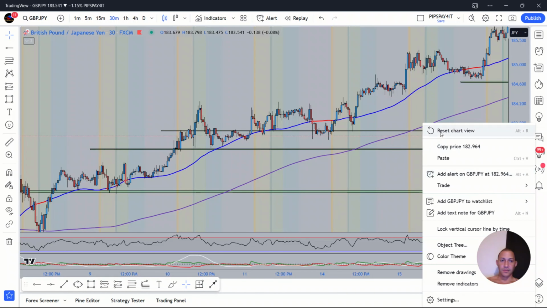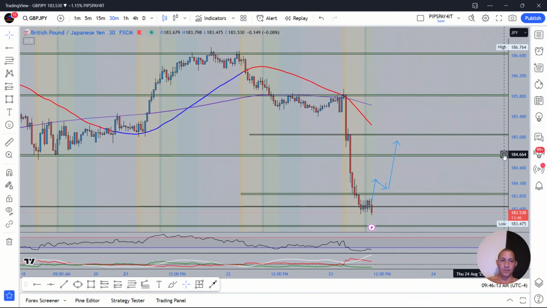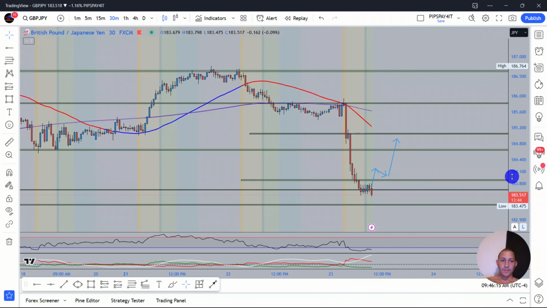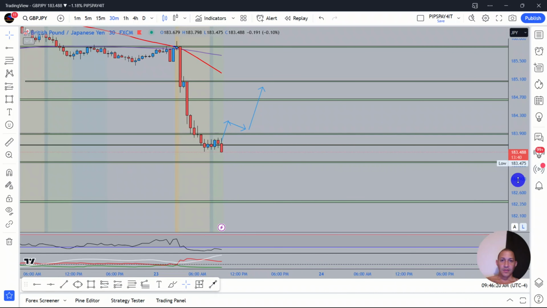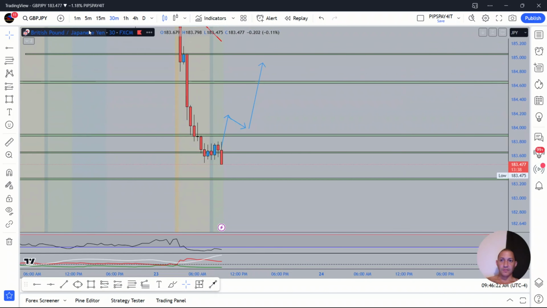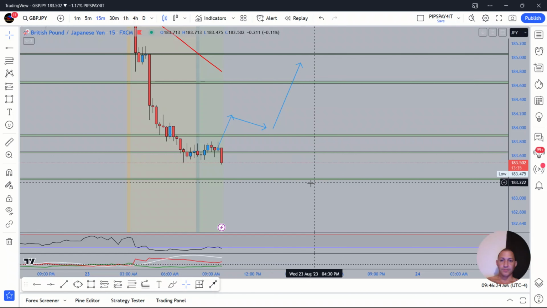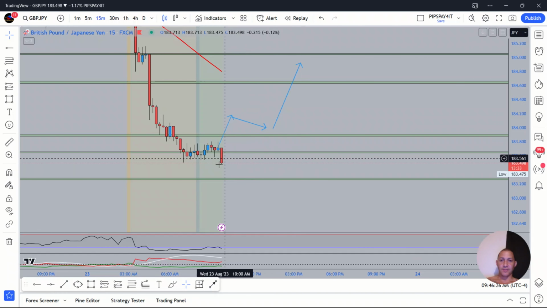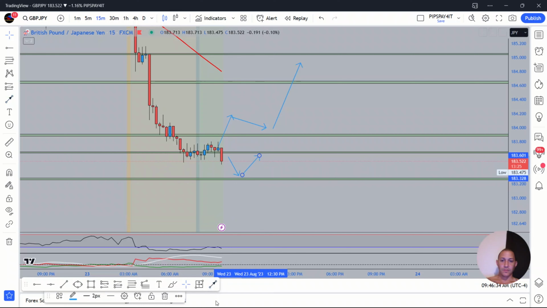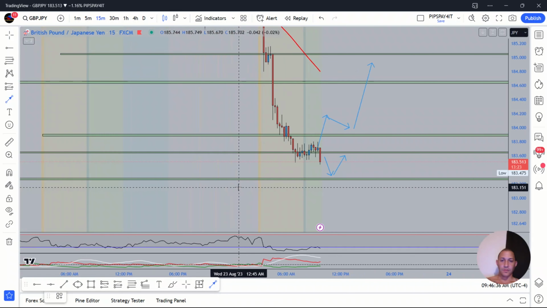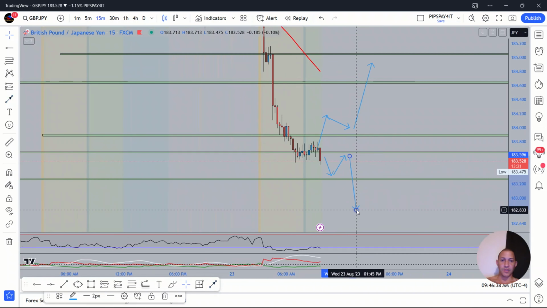If price keeps on pushing down, remember we're in the 30-minute, so price could do this as well, and then could push down.